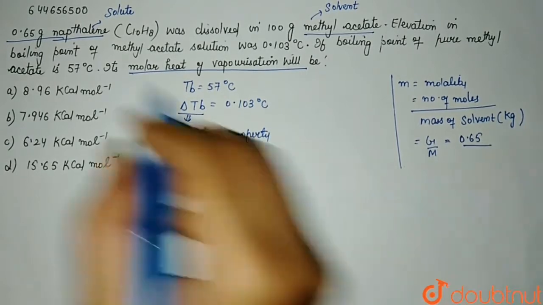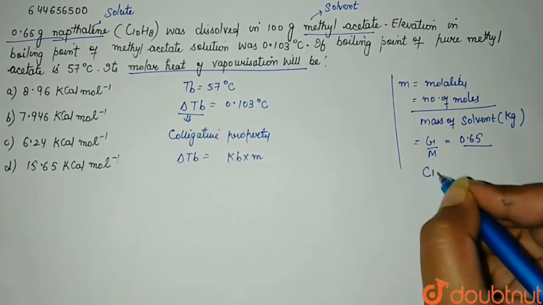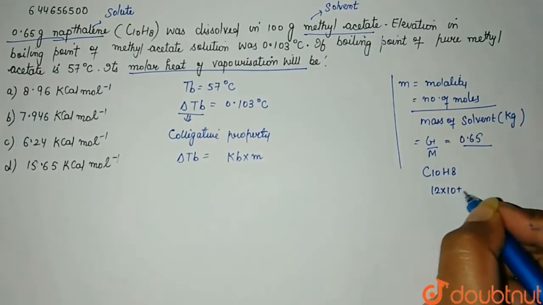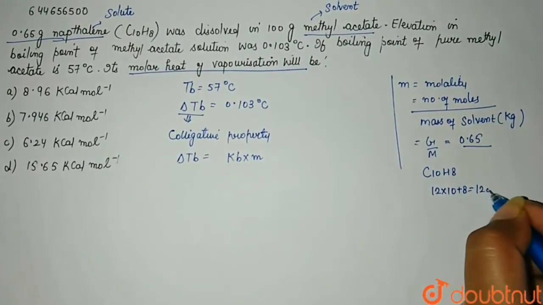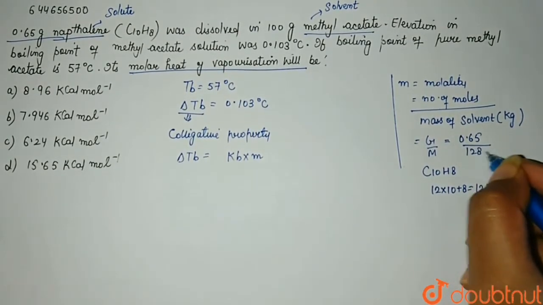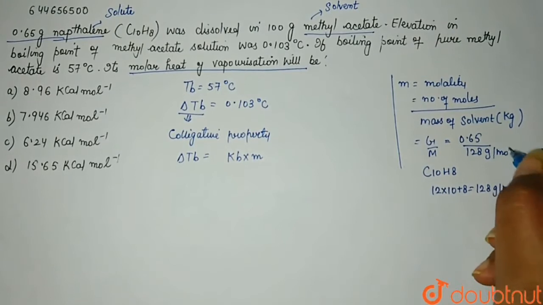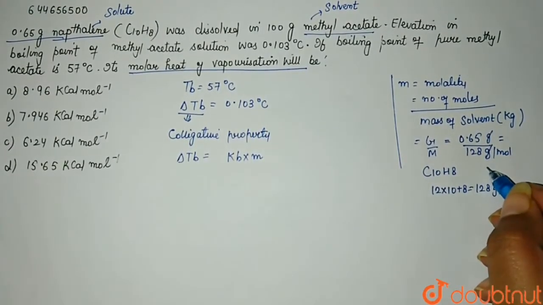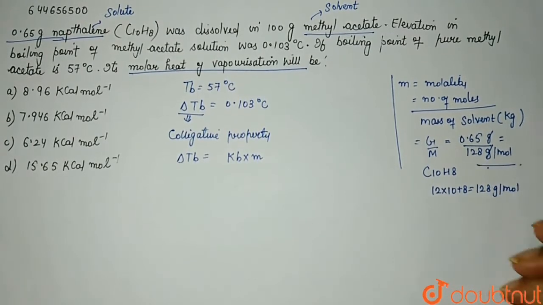And your molar mass of naphthalene, let's calculate it over here. C10H8, that is carbon has 12 into 10 plus 8, that is 128 gram per mole. So after solving this, you will get your number of moles.